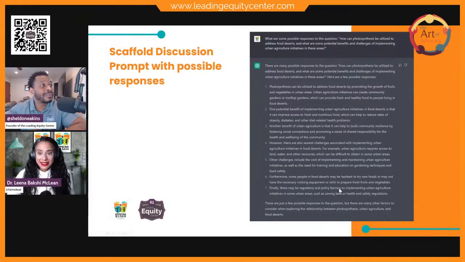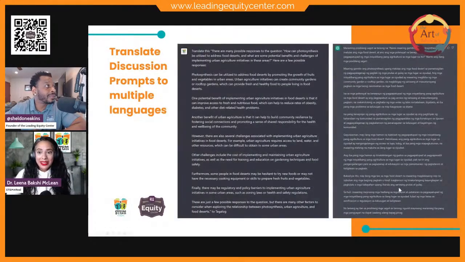And now check this out. So when we go on to the next slide, you can translate all of the discussion prompts and all of the possible responses. So going back to that question, can it do other languages? I actually chose Tagalog this time. It just so happens that we have someone on our team who speaks Tagalog, and I thought, okay, perfect.